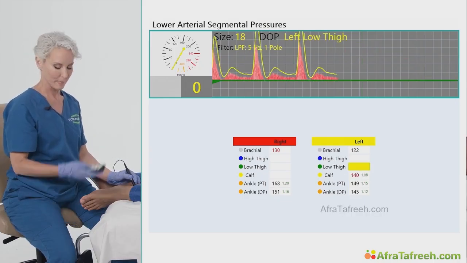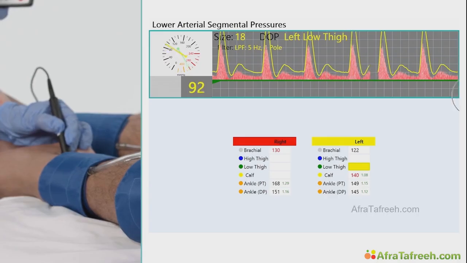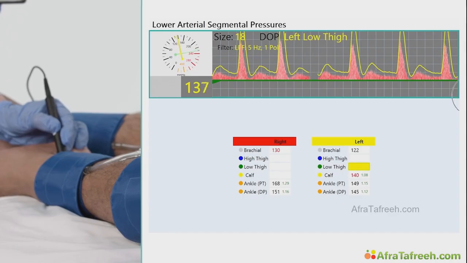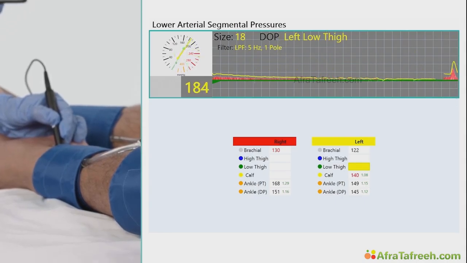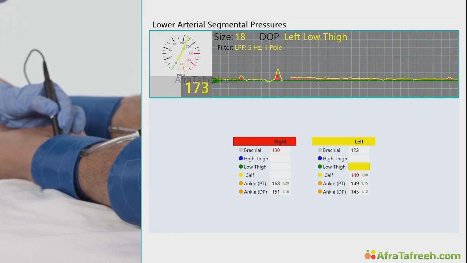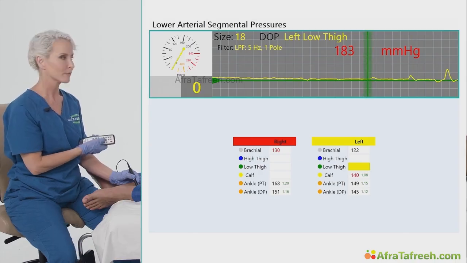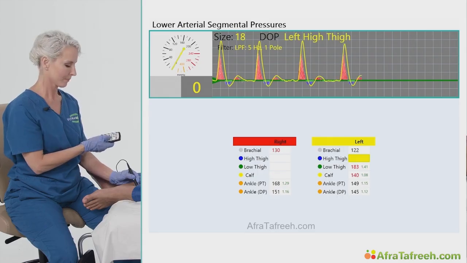Next will be the lower thigh pressure. And that pressure is 183. And now the high thigh pressure.